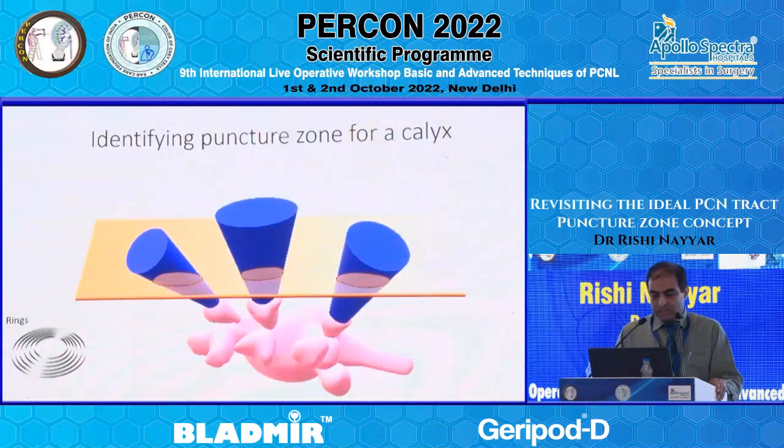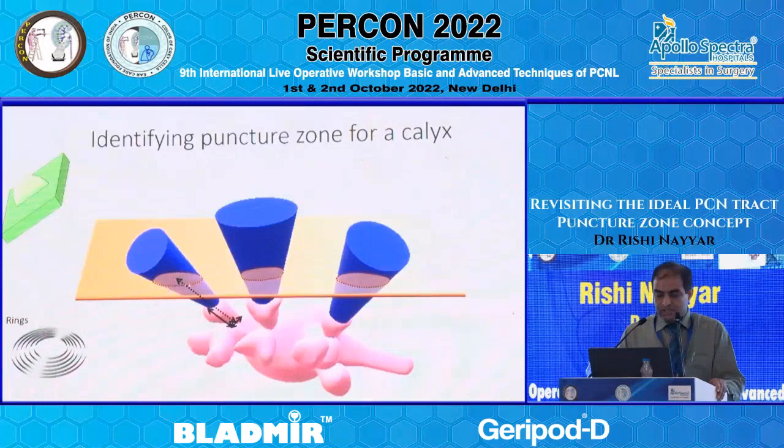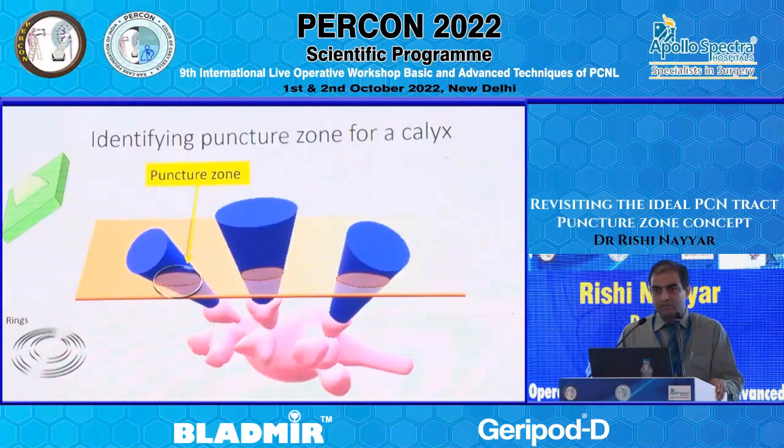Based on the initial fluoroscopic imaging and corroborating it with the preoperative imaging that we have, be it IVP or a CT urogram, we assess the length and width of the calyx that we want to puncture and the skin to calyx distance. Based on that approximation, the surgeon chooses the ring, and then that ring is placed on the skin, keeping the C-arm in alignment with the direction of the calyx, and then that ring provides the puncture zone. Like in this particular case, in most of the cases we use a ring of about 3 or 4 centimeter.